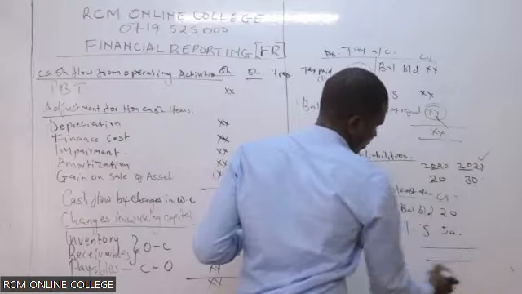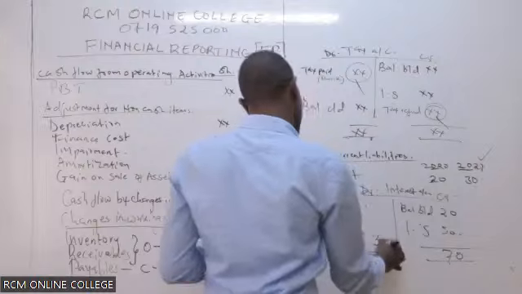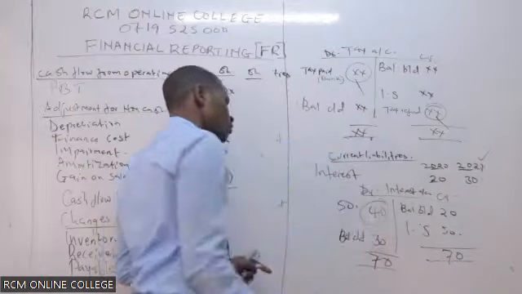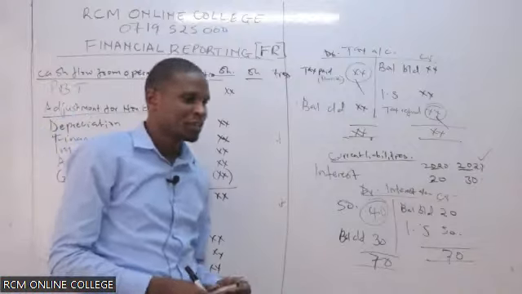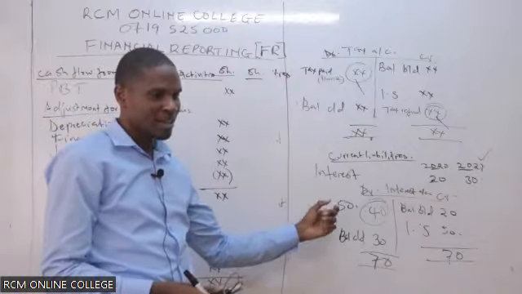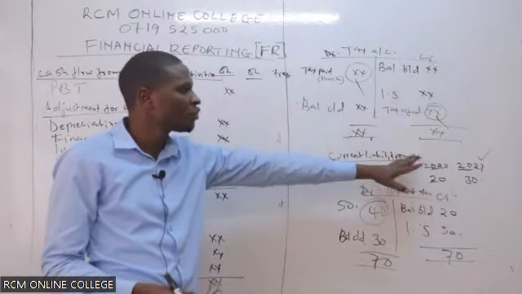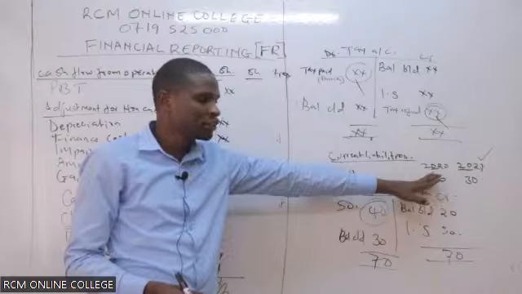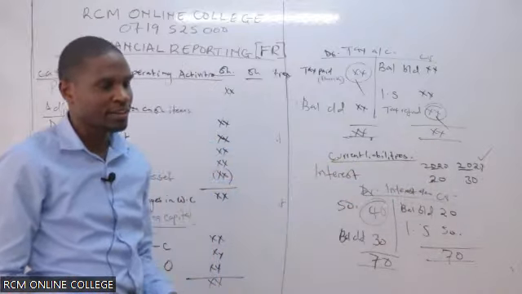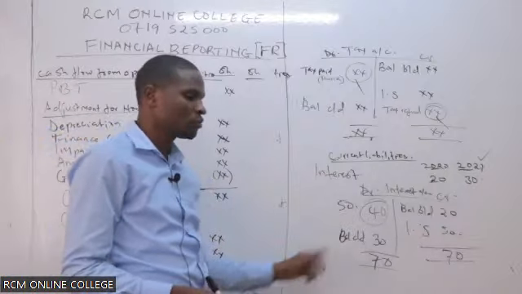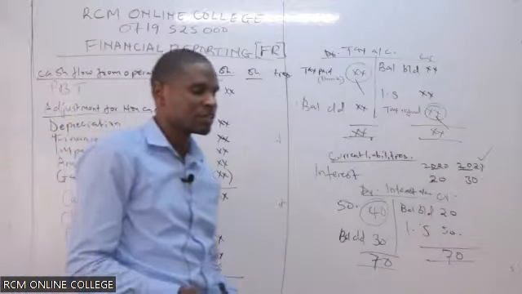So tunapata kwamba the actual interest to be paid here hapa kama ni 70, hapa ni 70, hii ni 40. Unaona hii amount hiyo ndio tunampeleka hapa pamoja. You need really to understand this. So this is interest paid, sio yenye iko kwa income statement direct, sio yenye iko hapa kwa balance sheet, hapana. You have to adjust to get it right. So 40 will be the one to record, and you're going to subtract.